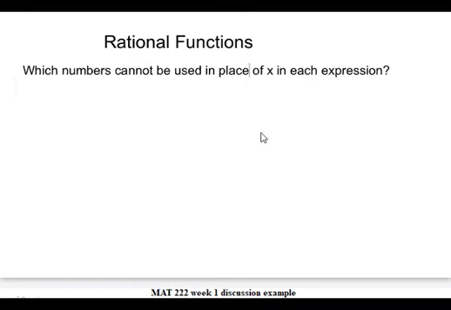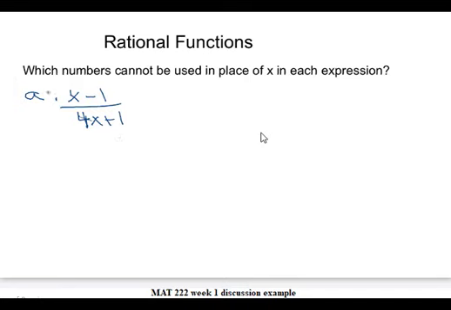Alright, so let's look at our expressions. Expression A: x minus 1 over 4x plus 1.